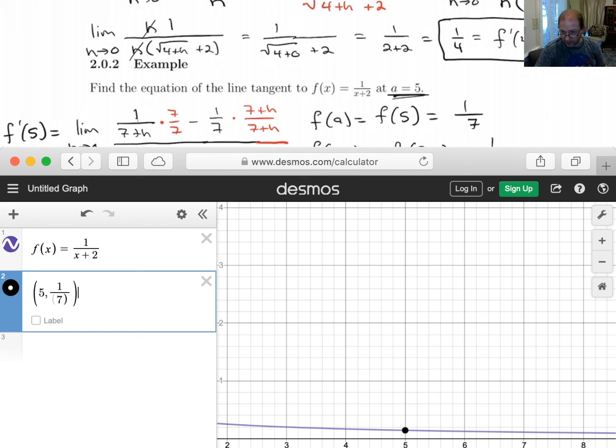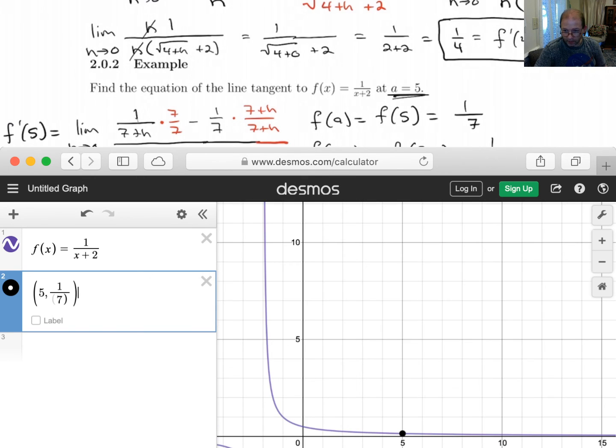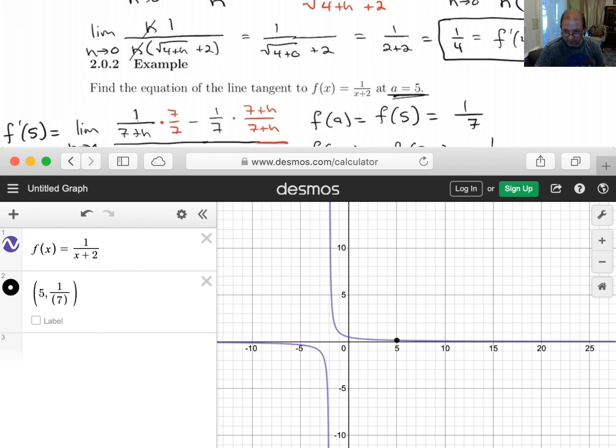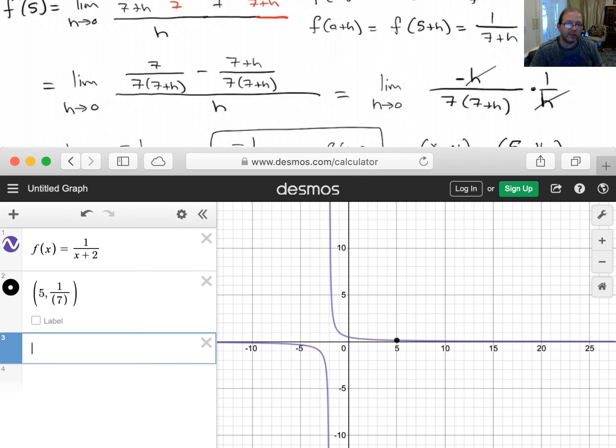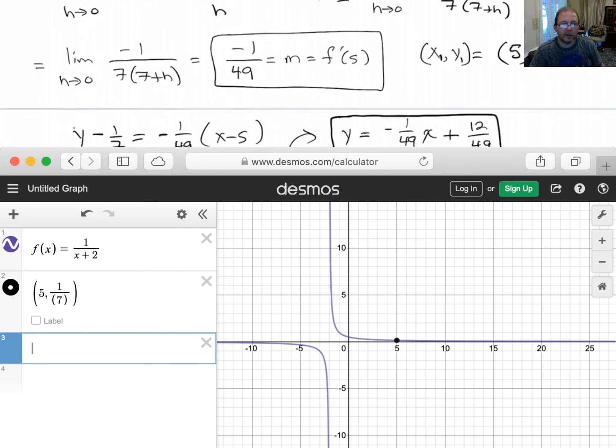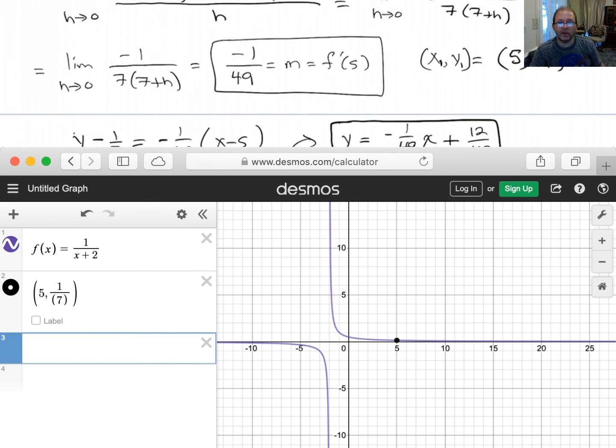Yeah, right there. So this is a graph that looks like that. First, just sort of a sanity check. If you look at that, the slope at that point there at 5 is really shallow, so it makes good sense that the slope is going to be something small, negative 1 over 49. Also, it's going downhill at that point, so it makes sense that it's negative.